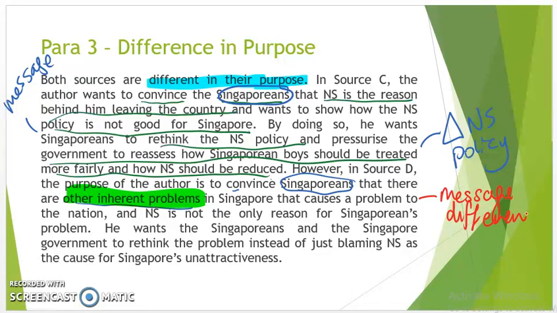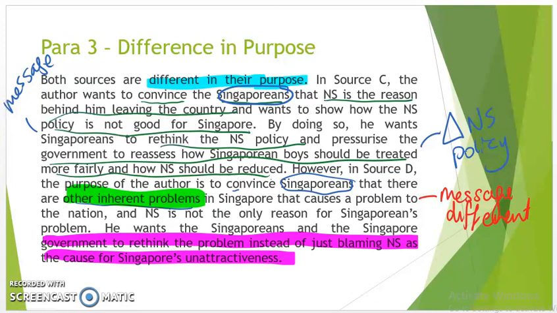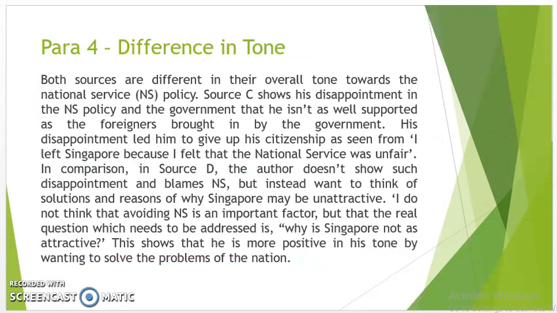At the end of the day, the outcome is to get the Singaporeans or the Singapore government to rethink the problem instead of blaming NS. The outcome is for them to think through and try to make Singapore a better place by understanding what is wrong. Why is Singapore not as attractive? So the purpose is actually quite different. That's how you get your purpose, higher level.